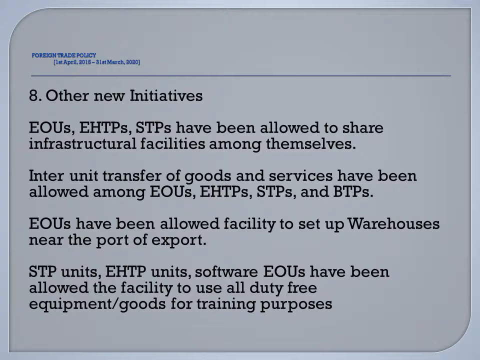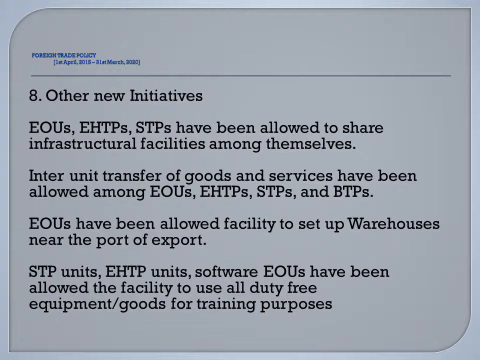Other new initiatives: EOUs, EHTPs, STPs have been allowed to share infrastructural facilities among themselves. Inter-unit transfers of goods and services have been allowed amongst EOUs, EHTPs, STPs, and BTPs.